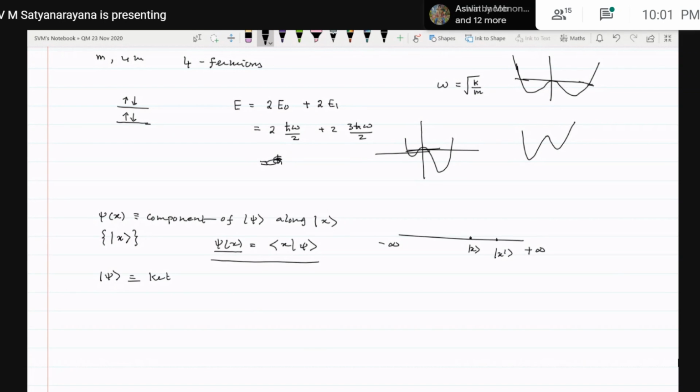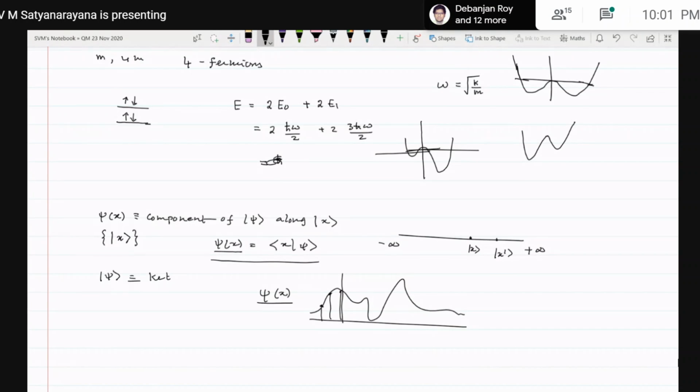So if you take your psi of x, suppose you plot this psi of x as some kind of a function like this, now this is like one component. This is like another component. This is like another component.